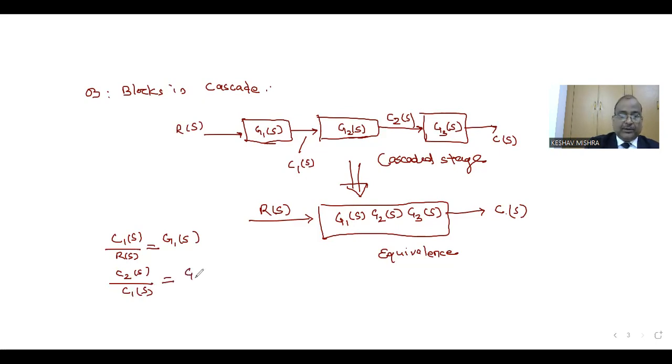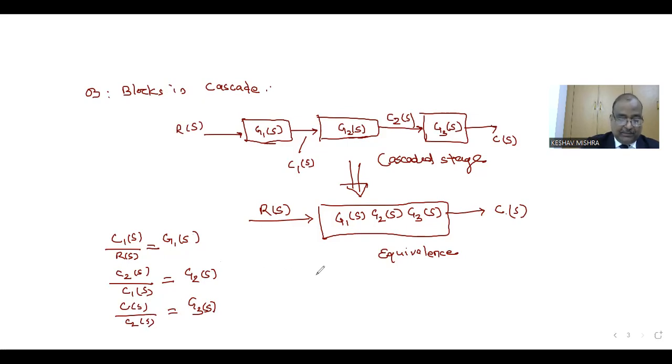This is G2(s). For the last stage, the output is C(s) and the input is C2(s), the output of the second stage. This is G3(s). So these are the transfer functions of all three stages connected in cascade.